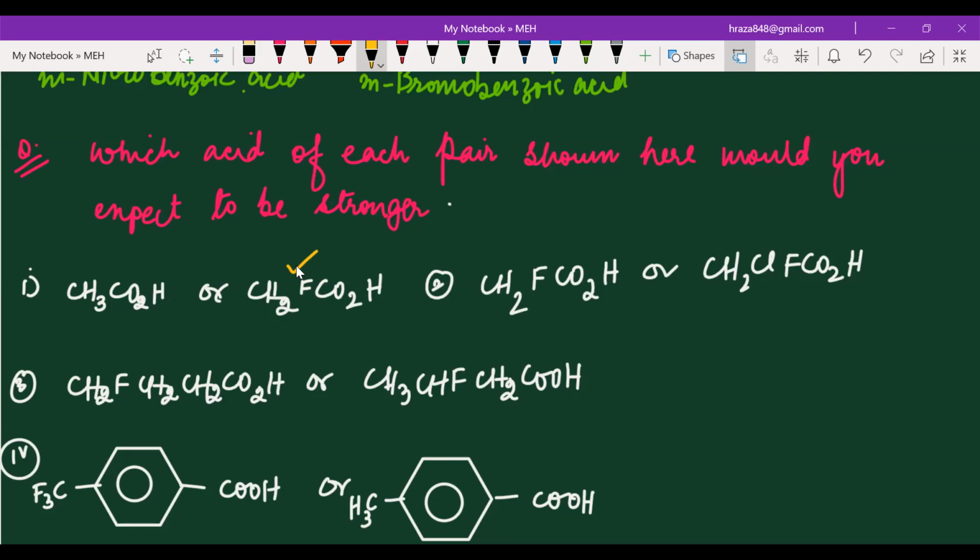Second one is F, the one that has F. Sir, the third one is the second option.